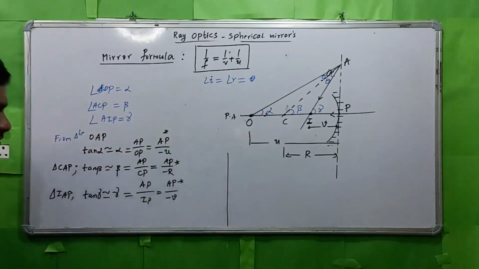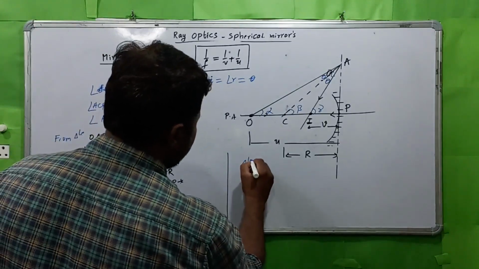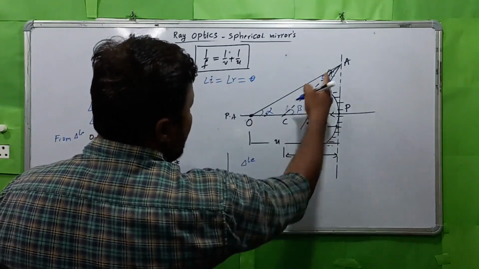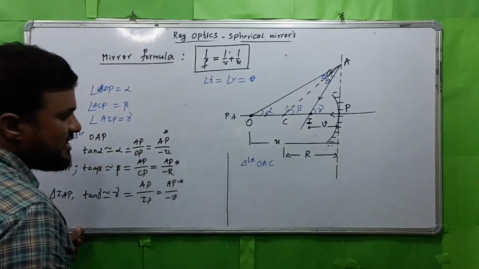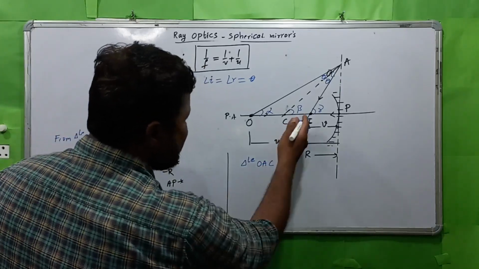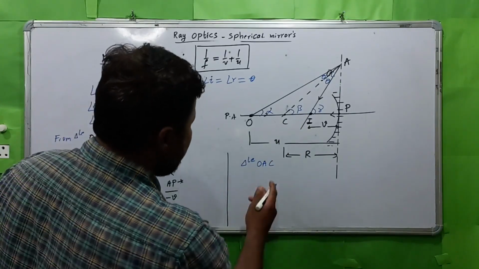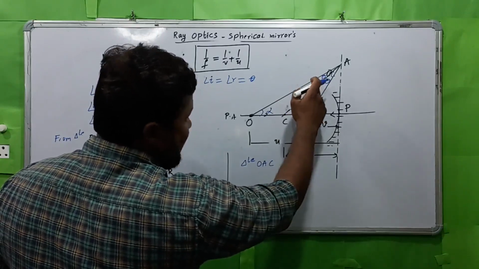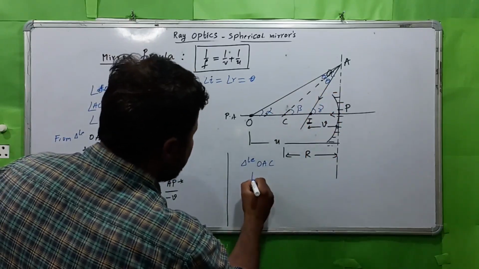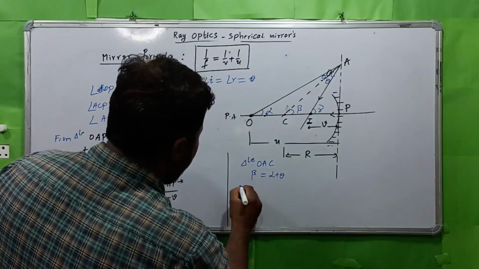Now from the triangle OAC, observe the triangle OAC. From this, exterior angle is equal to the sum of opposite interior angles. Exterior angle beta, sum of opposite interior angles. Exterior angle theorem, nothing else. So beta is equal to alpha plus theta.